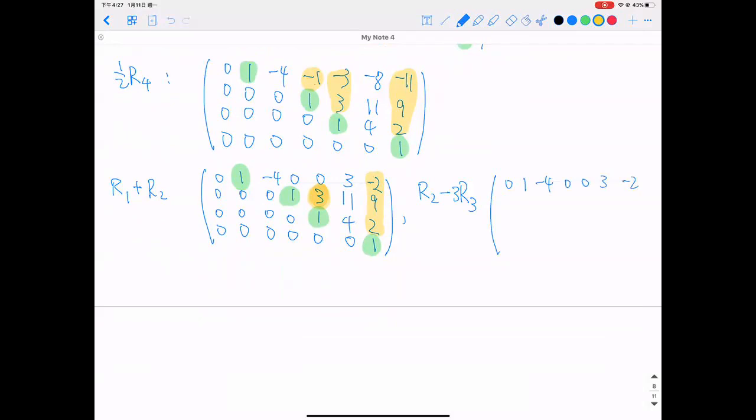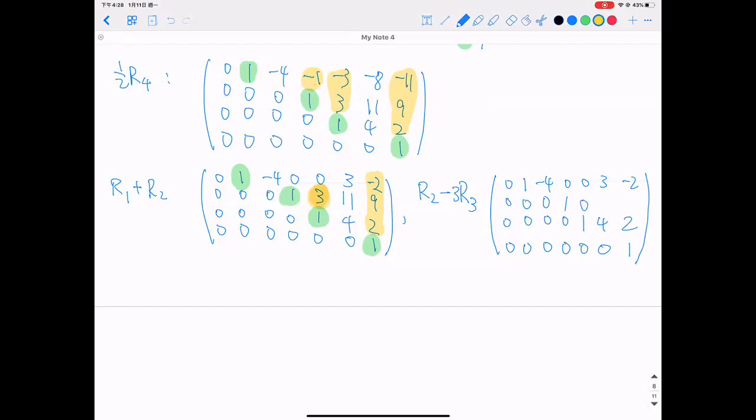R3 and R4 remain the same, so 0, 0, 0, 0, 1, 4, 2, 0, 0, 0, 0, 0, 0, 1. Now R2 is changed. It's still 0, 0, 0, 0, 1.